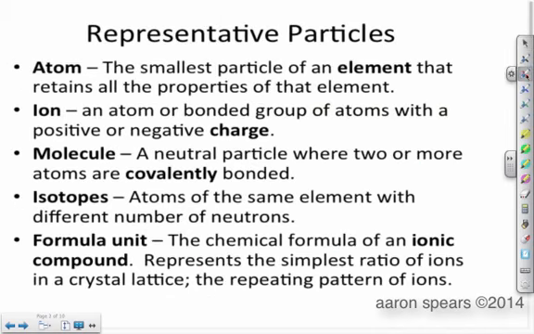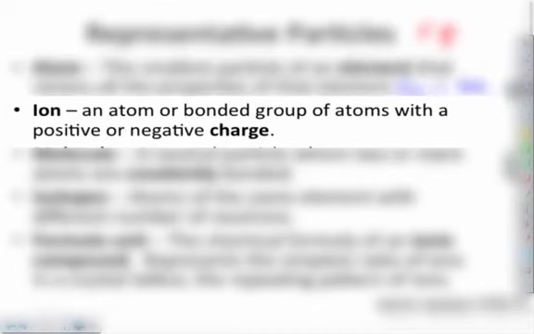Let's talk about representative particles, or just simply RP. You've studied many of these representative particles throughout the chemistry course this year. For instance, we learned about atoms, the smallest particle of an element that retains all properties of that element. An example of this would be a copper atom, or possibly a sodium atom. Then we learned about ions.